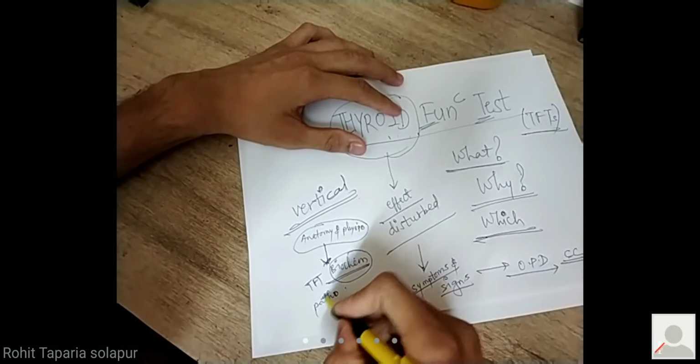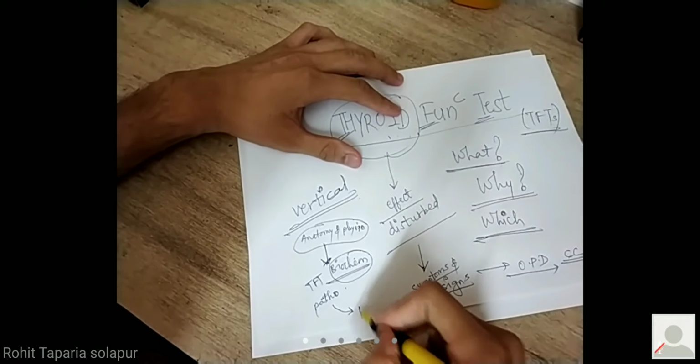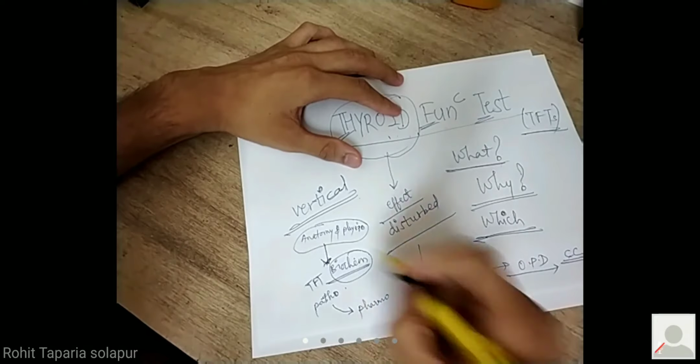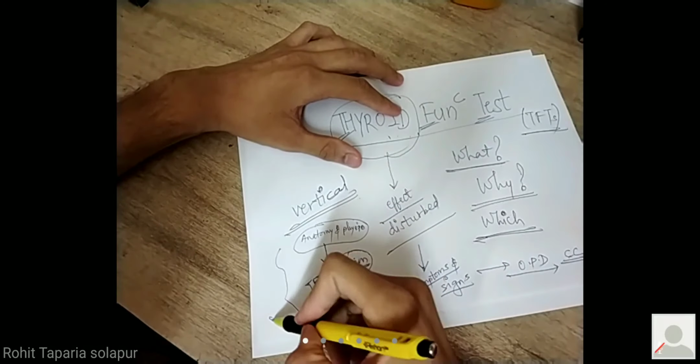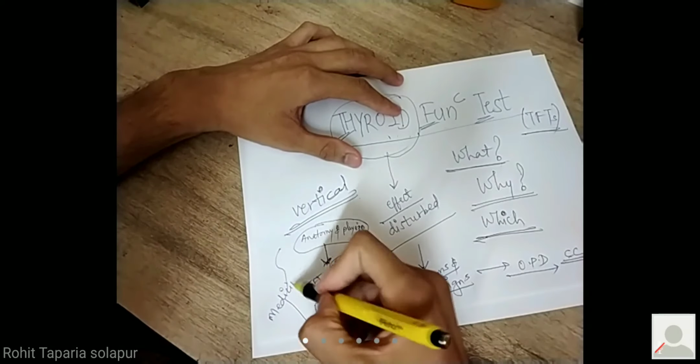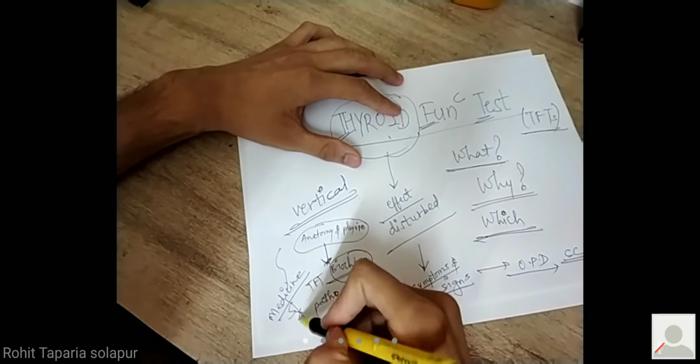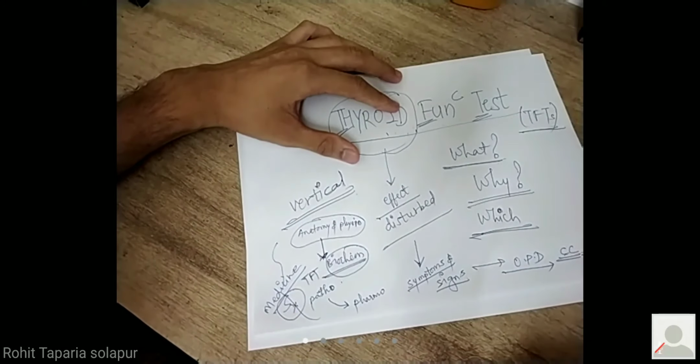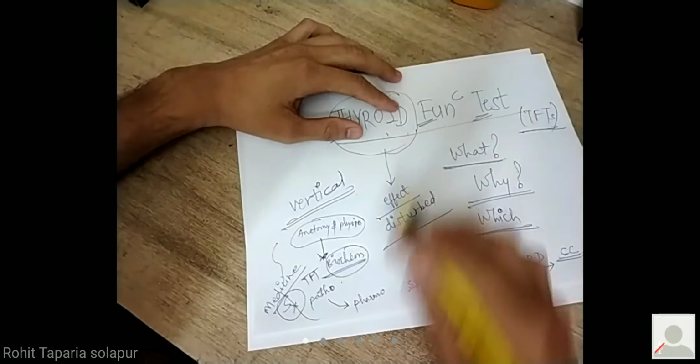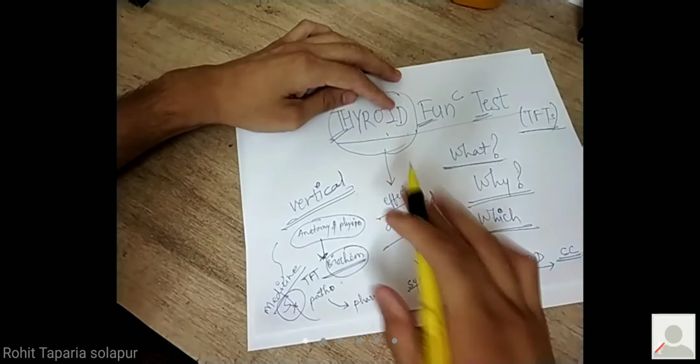Then you will go to treat it, how? By pharmacology, and this is nothing but medicine. And if you are not able to cure it by medicine, you will go for surgery. Simply, this is a beautiful vertical learning topic.